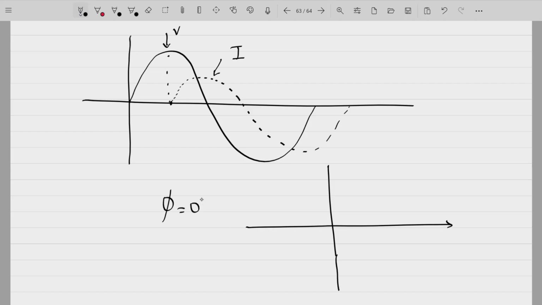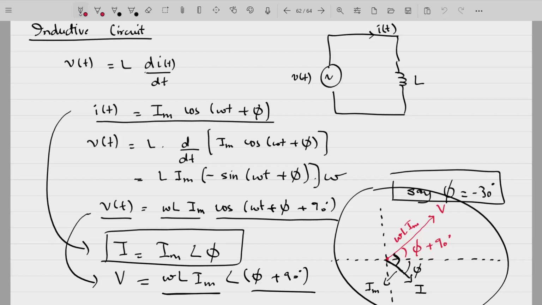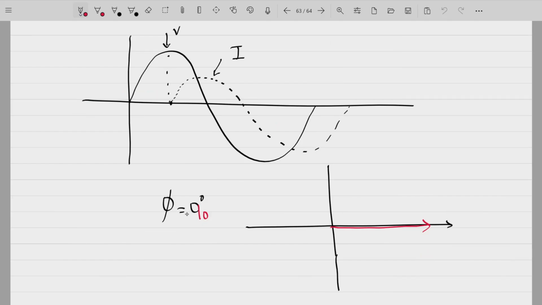For phi equal to 0 degrees, where phi is representing the angle of current, the current will be along the x-axis. This is the value of current.